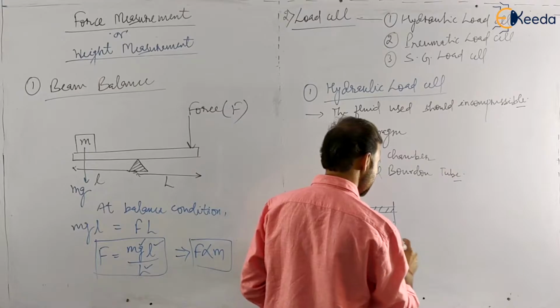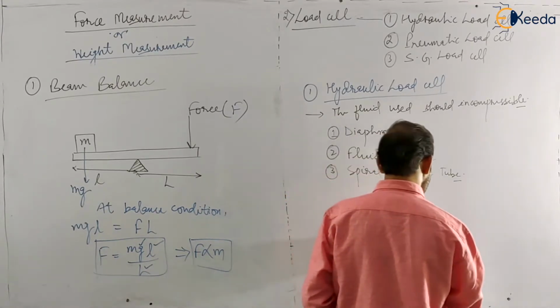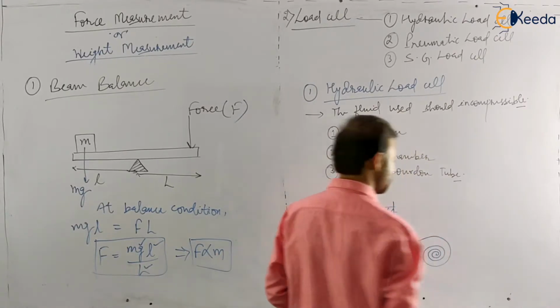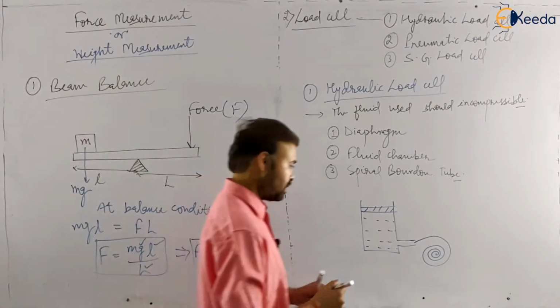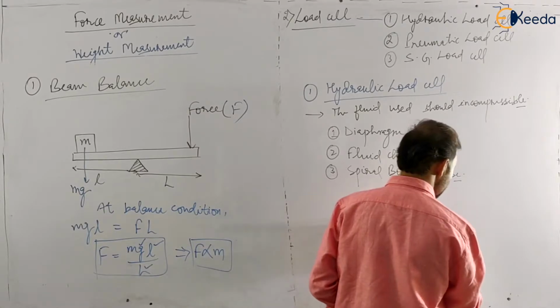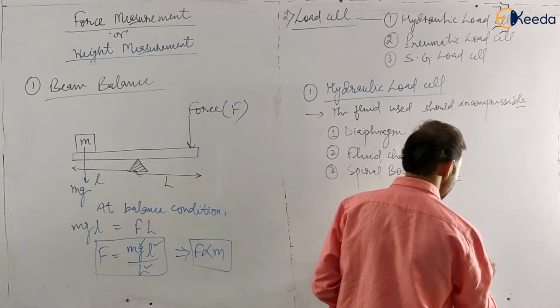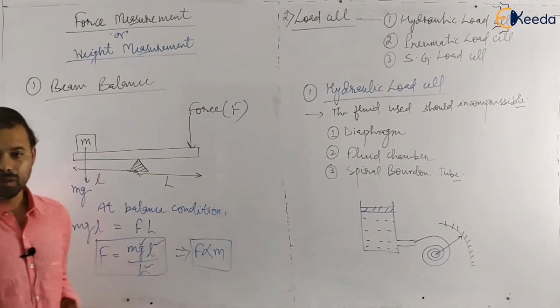And here a spiral type burden tube is present, and the pointer will be like this. This is the pointer used with the burden tube. Deflection will be shown on the pointer.